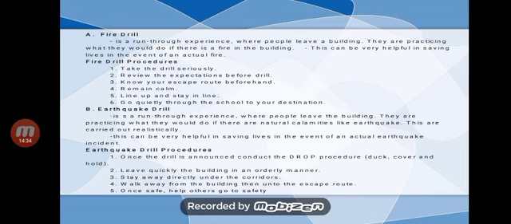Once the drill is announced, conduct the drop procedures: duck, cover, and hold. Second, leave the building quickly in an orderly manner. Stay away from directly under the corridors. Fourth, walk away from the buildings, then onto the escape route. Fifth, once safe, help others go to safety.